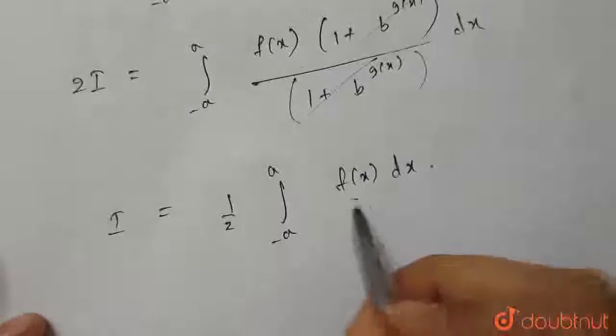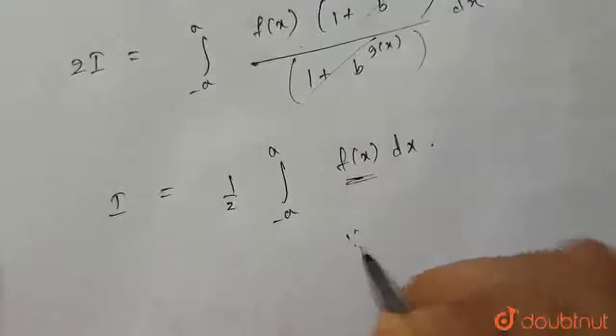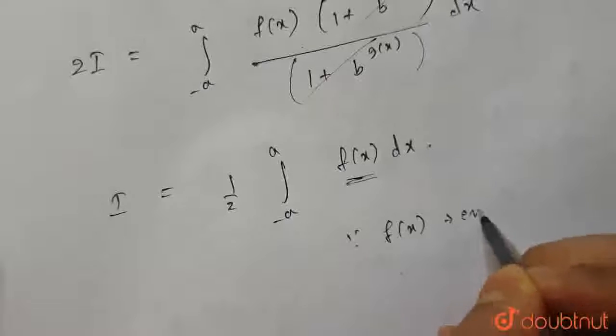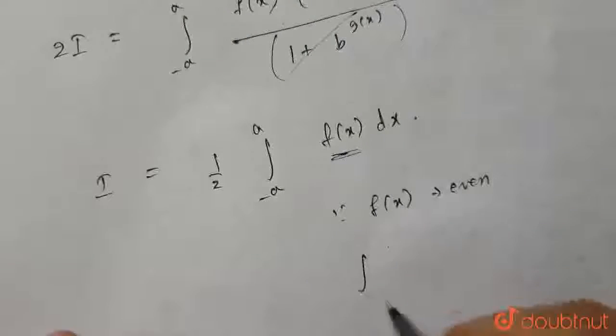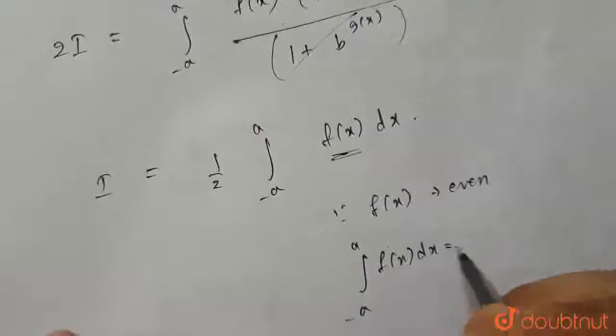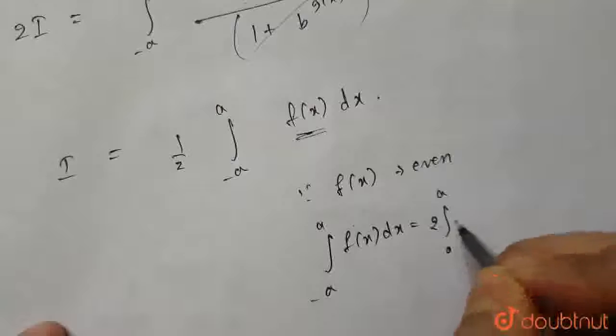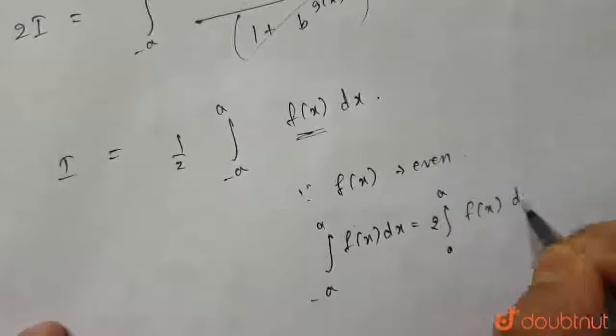Now f(x) is an even function, so using the property, the integral from minus a to a of f(x) dx can be written as twice the integral from 0 to a of f(x) dx.